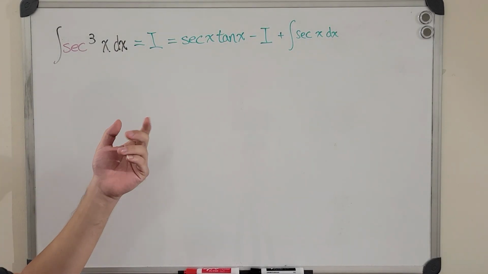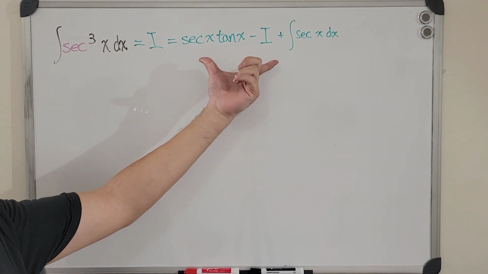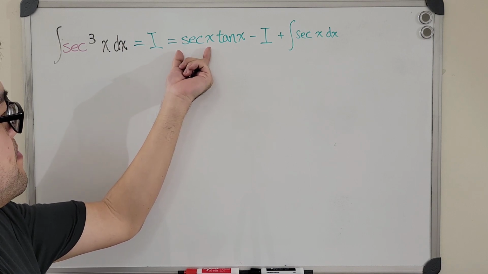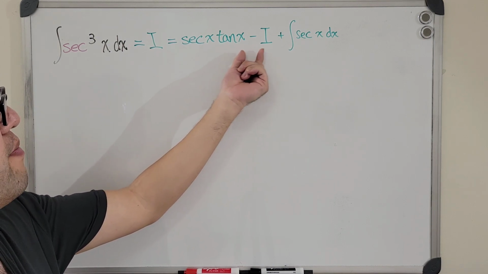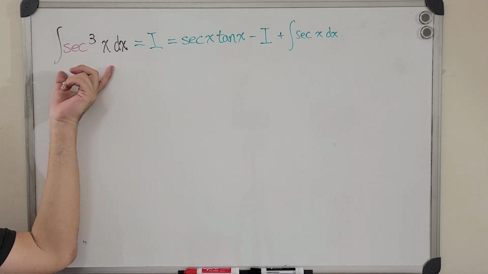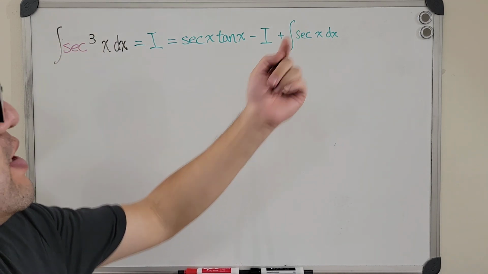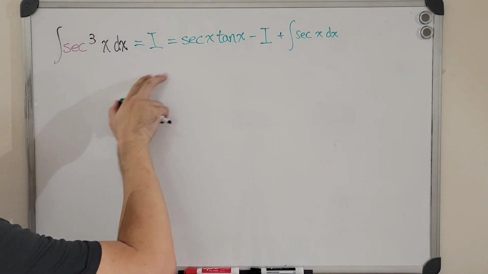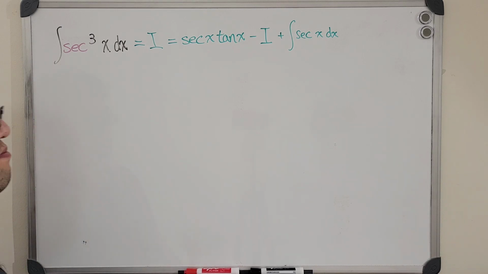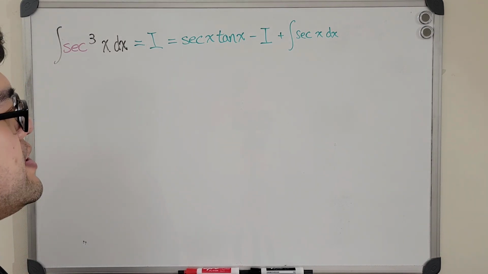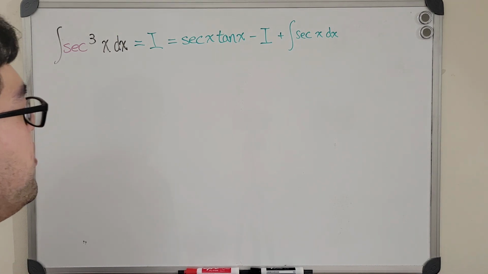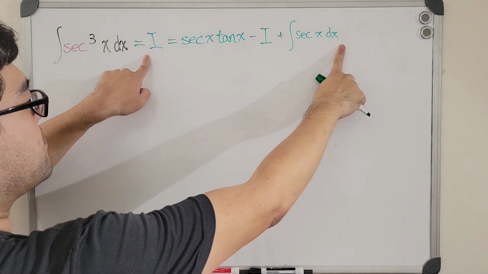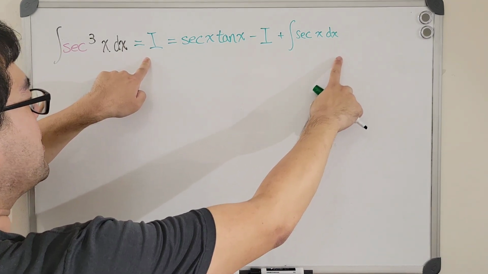Okay, so in the last board, we ended up with the right hand side expression: secant times tangent minus the integral of secant to the third power plus secant to the first power. And we can rename the initial integral, the integral of secant to the third power, as I, so that we can abbreviate it, and we get the expression on the right hand side in green.